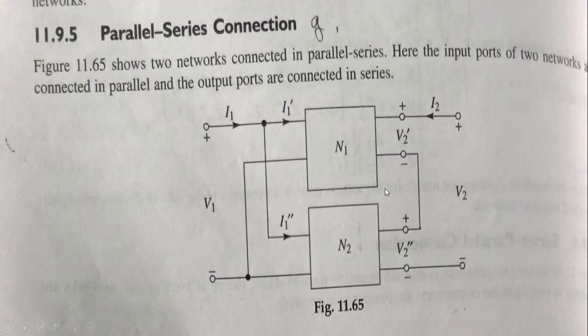Likewise you can easily find, remember, that is parallel to series, series to parallel. Okay, remember the connection. First is connected to the first of the other network, second is connected to the second of the other network. And if series is there, there is continuous flow of the current.